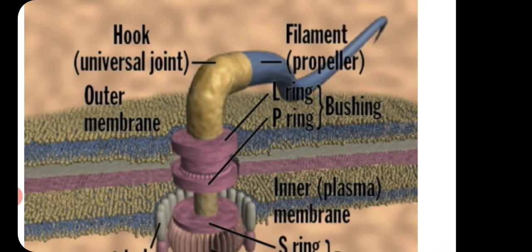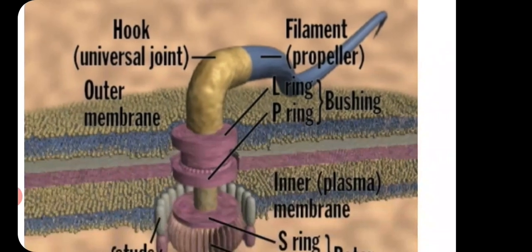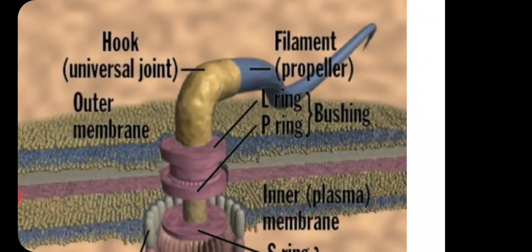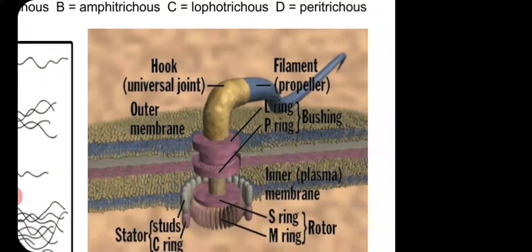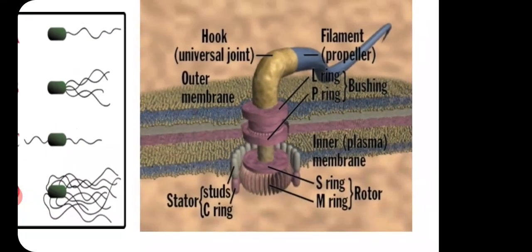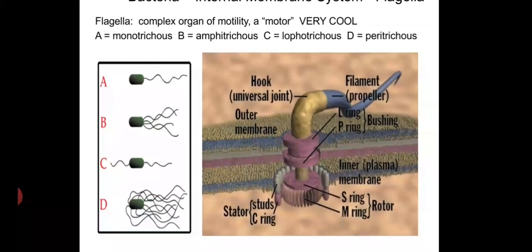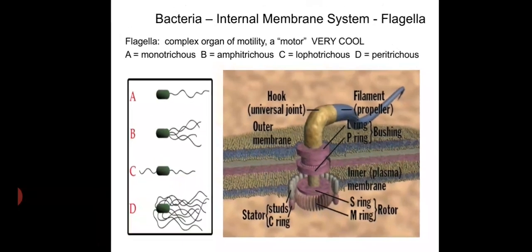In the upper part of the P ring is the L ring. And the outer part contains a hook and a filament or propeller, and inside the region there is also a C ring. This is the detailed structure of flagella.